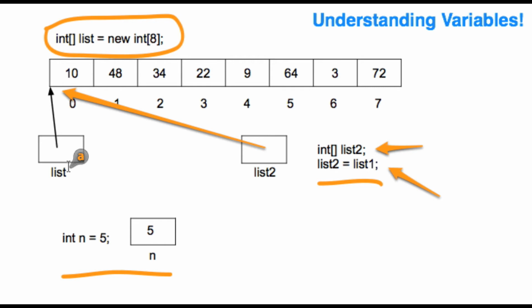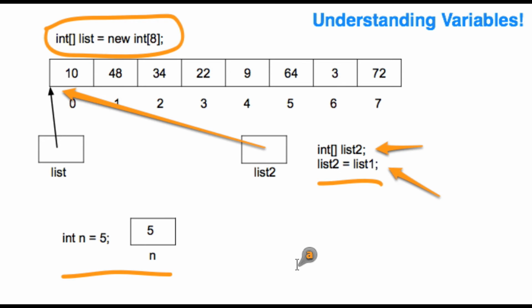So it's important to know that when you're doing something like this, you're not making a copy of the array, or any other object, right? This applies to any object in Java. You're not making a copy of the object. You're making a copy of the address of the object into this other variable.